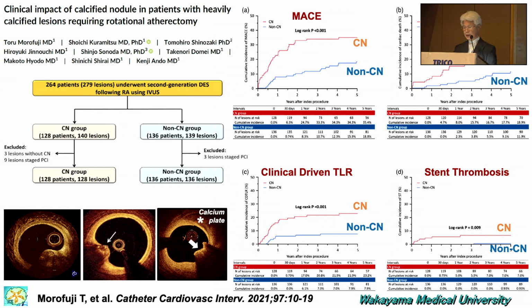And the still problem is a calcified nodule. We have to differentiate nodular calcification and calcified nodule. We discussed a lot during these 2 days of discussion. Calcified nodule looks like a calcium, nodular calcium, but you can identify the shadow because of the mixture of the thrombus and calcium.